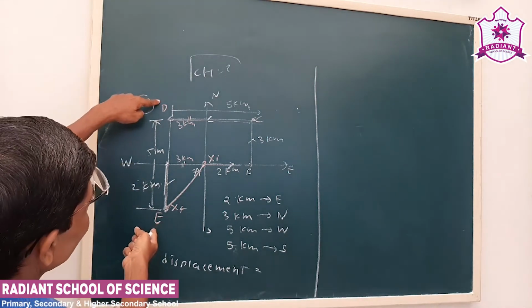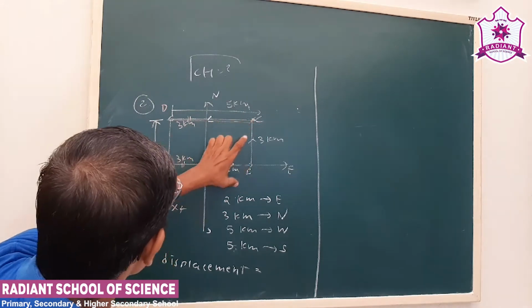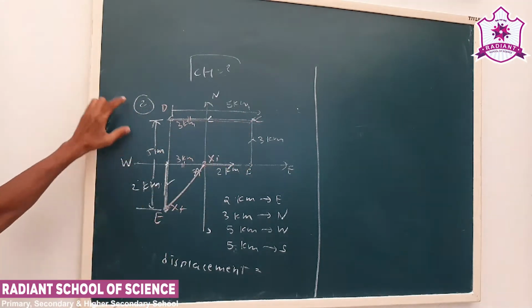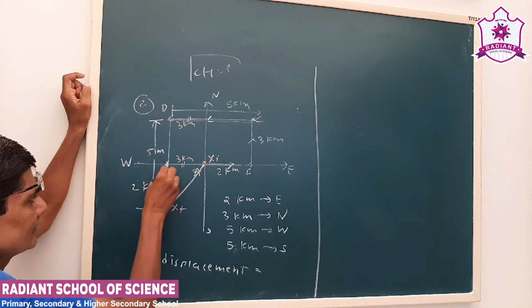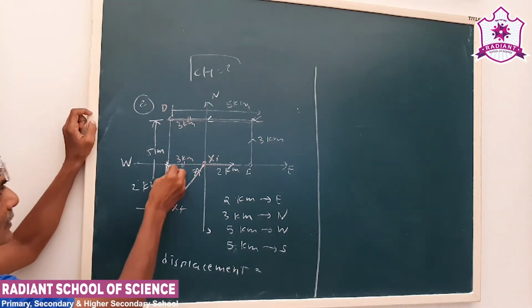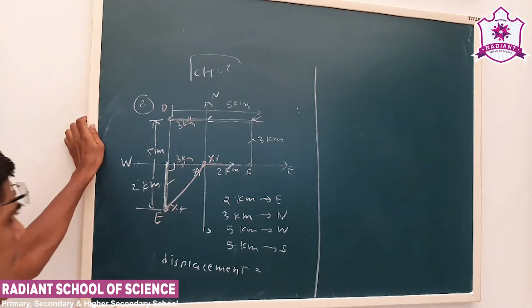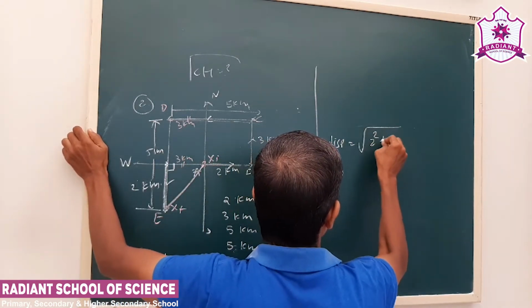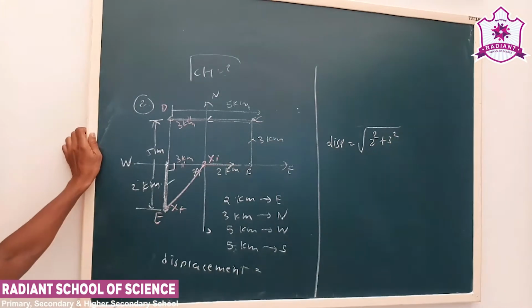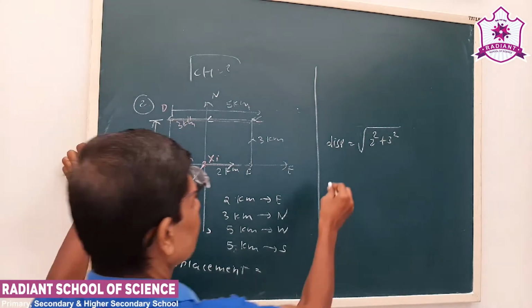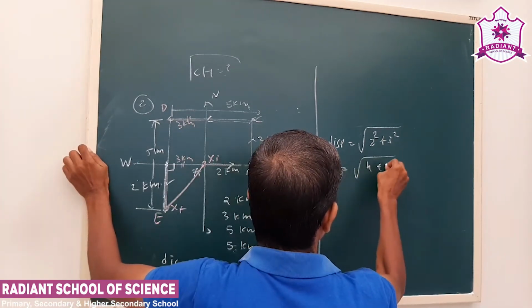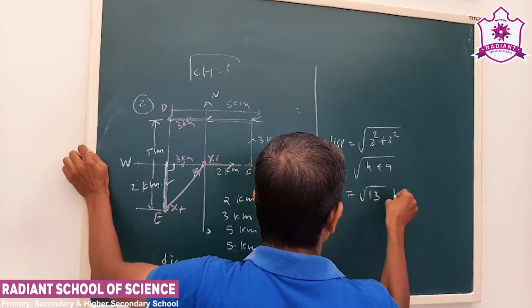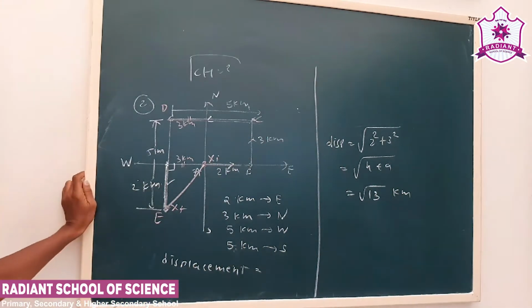Out of this DE 5, if you subtract this CB, how much will remain? 2 kilometers. Now this is a right angle triangle, so the displacement is the square root of 2 squared plus 3 squared. This is how we can calculate displacement.